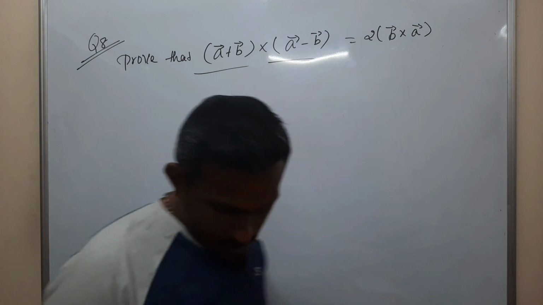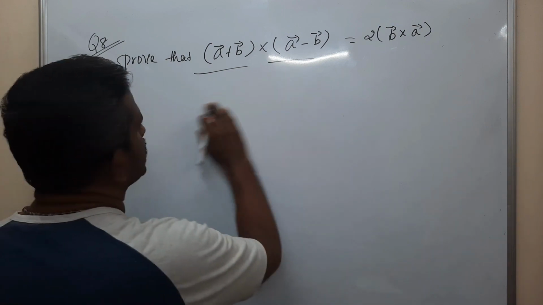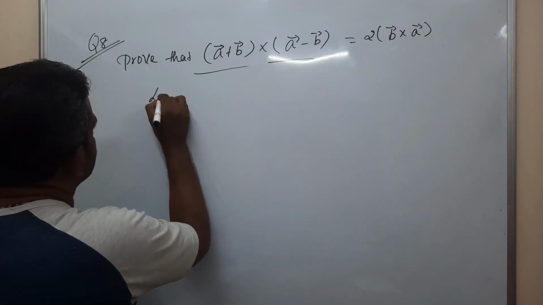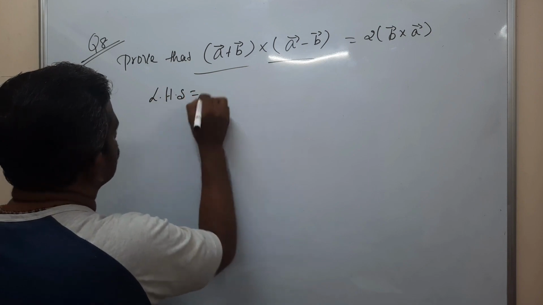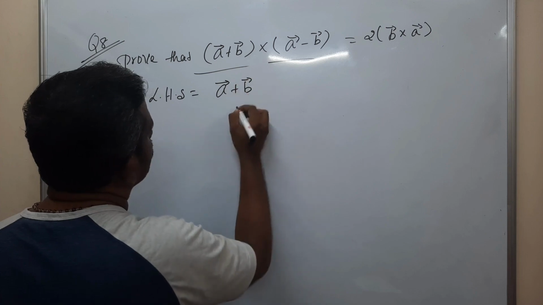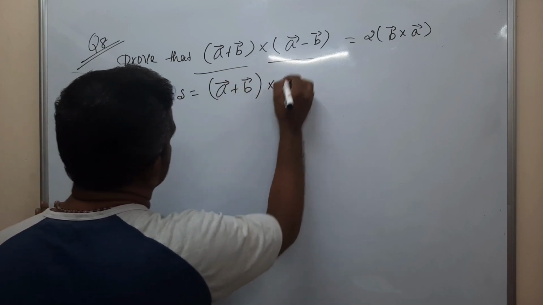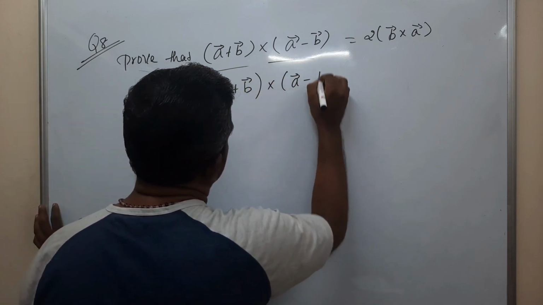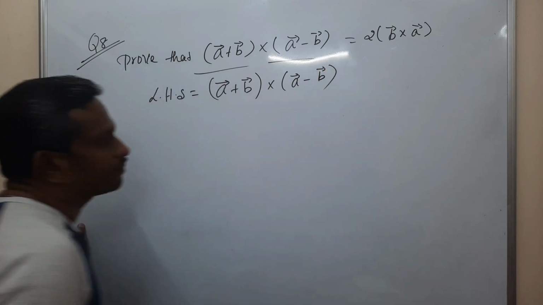So listen, I am taking the LHS, the left hand side. LHS is equal to A vector plus B vector cross A vector minus B vector.